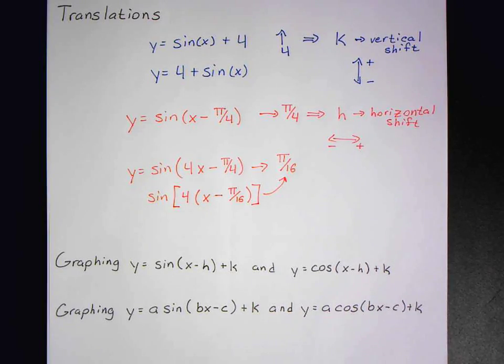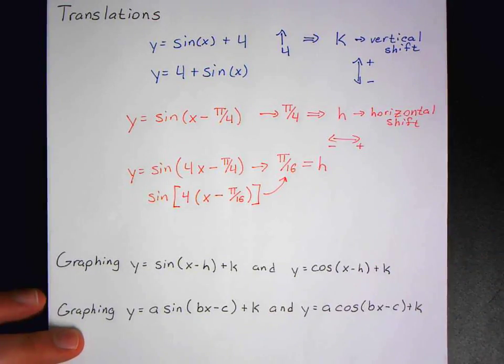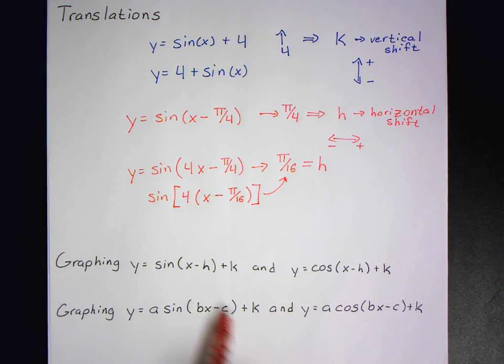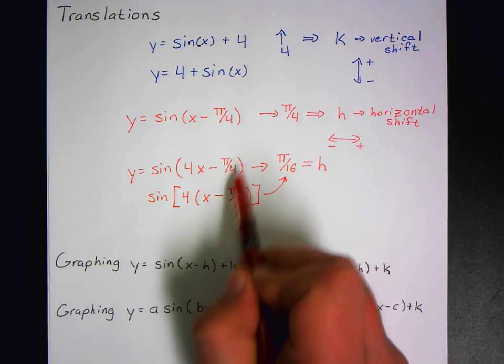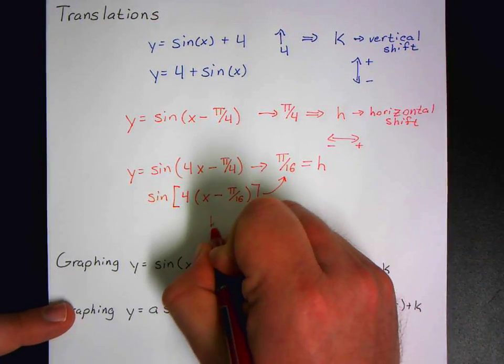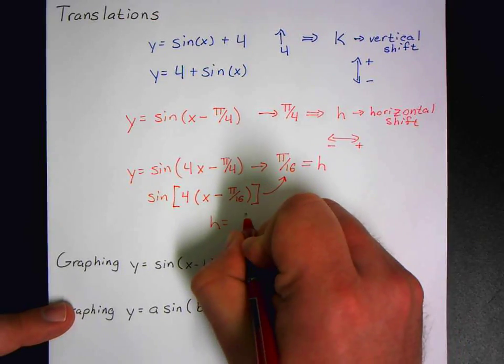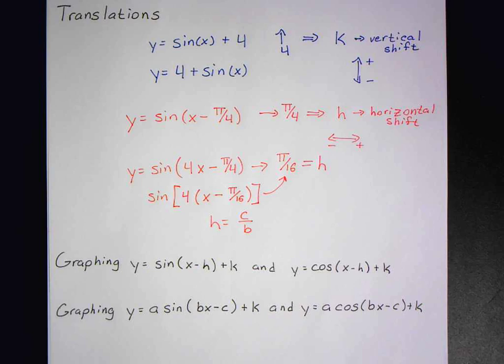So that's why down here, whenever I was writing out this equation, I changed it to C in this equation, because the number that's here isn't actually H. I actually have to kind of calculate H. H is equal to C divided by B, because I have to take that B out of there first.